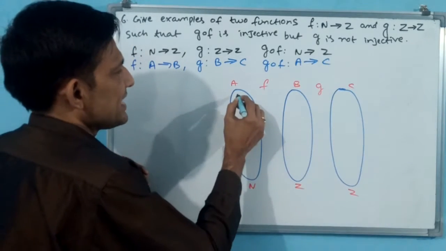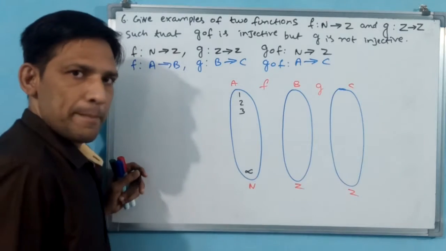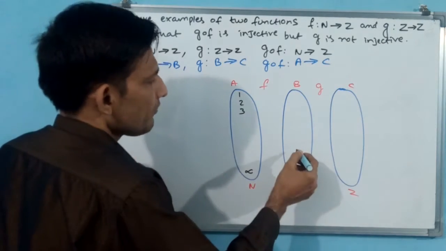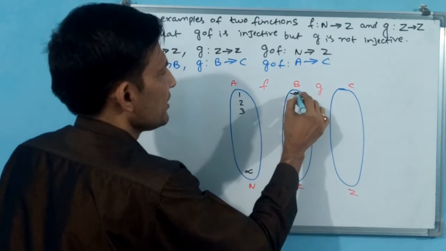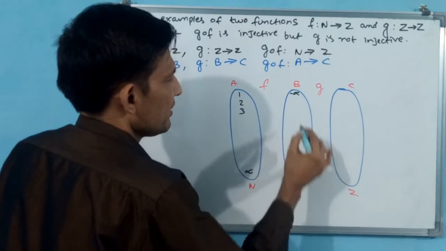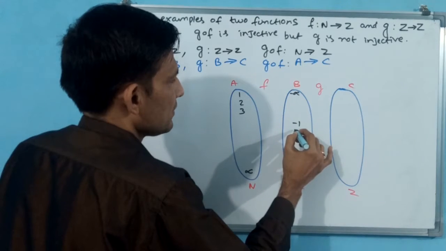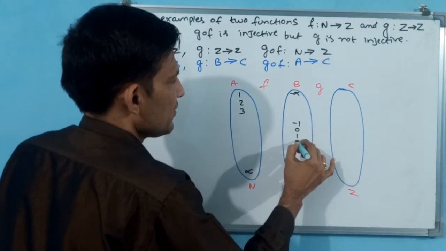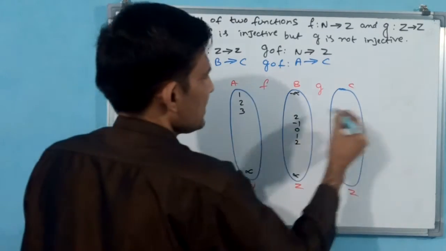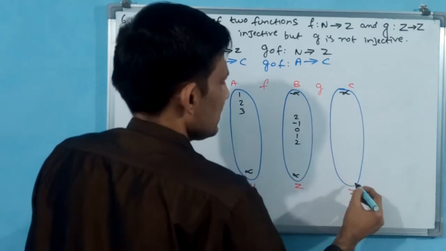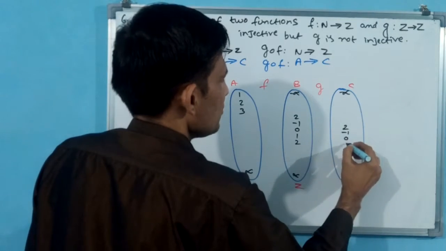Now you see, what is N? N is 1, 2, 3, like that it will go up to infinity. What is Z? Z is minus infinity to plus infinity, in between minus 2, minus 1, 0, 1, 2, like that will be there. Same thing here also Z, minus infinity to infinity, minus 2, minus 1, 0, 1, 2.